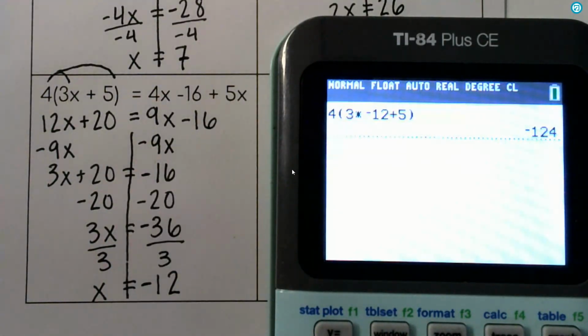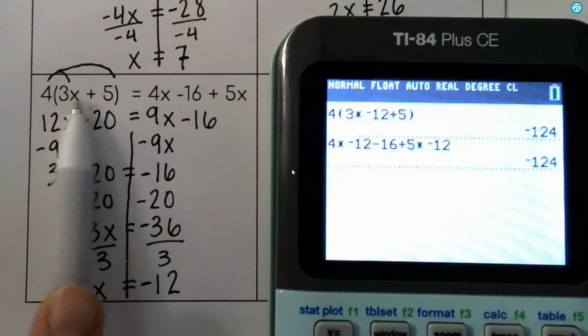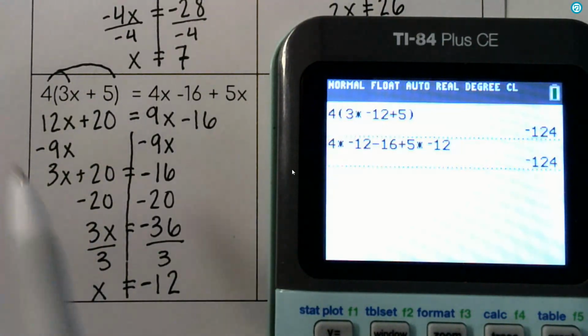For the other side, I would do 4 times negative 12 minus the 16 plus 5 times negative 12. Hit enter and cross my fingers. Okay, thank God. So if I plug in my solution to every x in my original equation, it should equal out. Any questions about that?